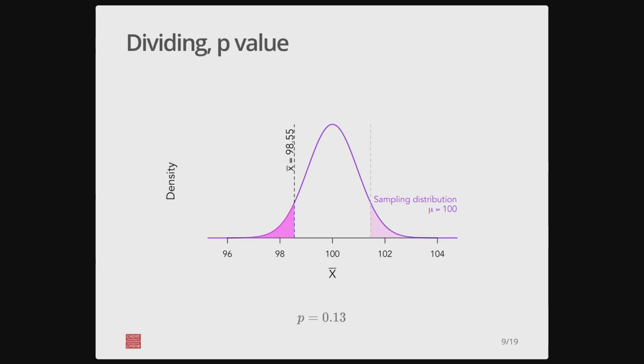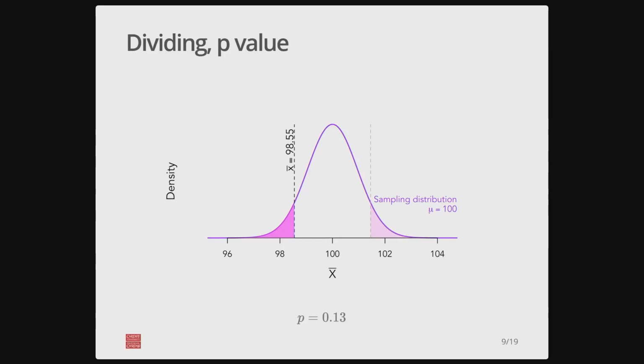I've created a very simple example for demonstration. Suppose that we have a null hypothesis, mu equals 100, and we actually want to know whether our data are consistent with the true mean being less than that or greater than that.